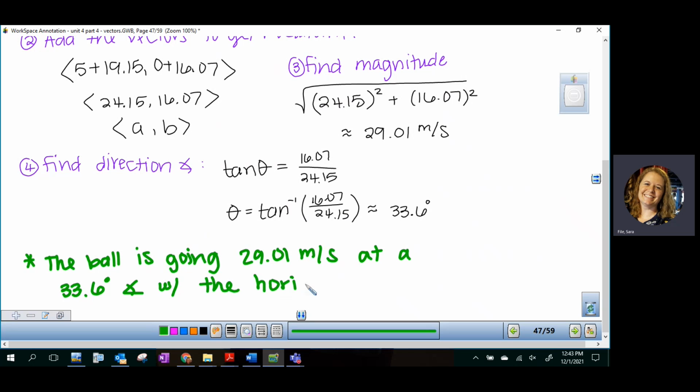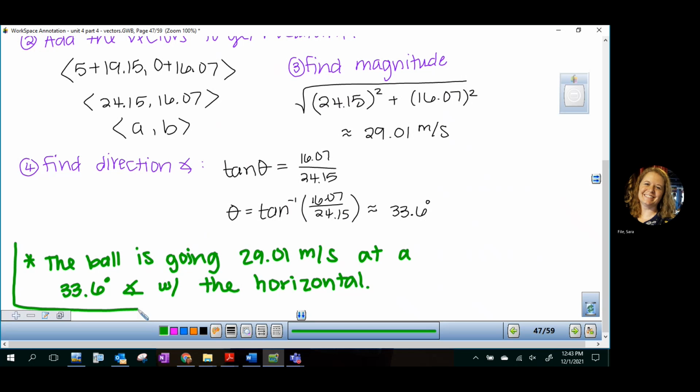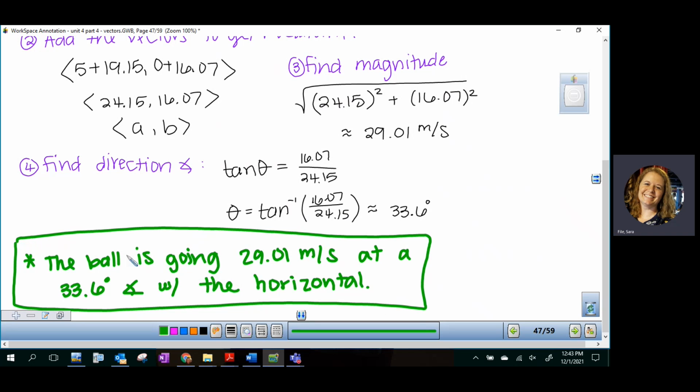Notice I'm specifying my direction angle is from the horizontal. It's not a true bearing, it's not a quadrant bearing, it's measured from the horizontal. Okay. You feel okay about that?